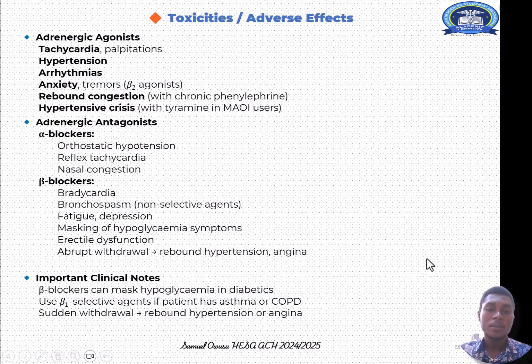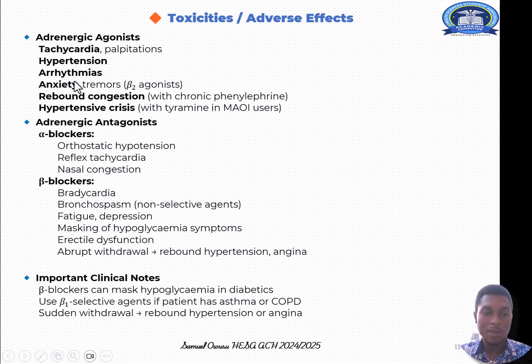Okay. So with adrenergic agonists, prolonged use is going to cause increased heart rate, so tachycardia and palpitations, and they will tend to bind to the alpha 1 receptors of the blood vessels to constrict them, which also causes hypertension.